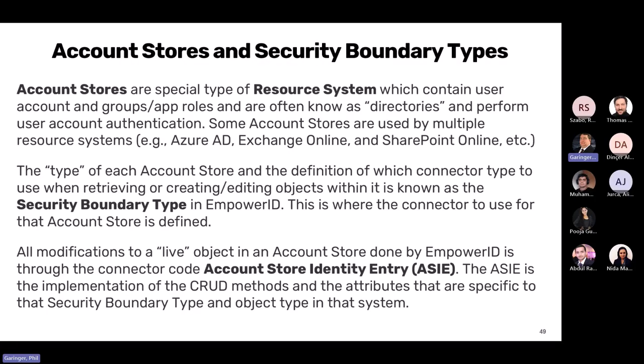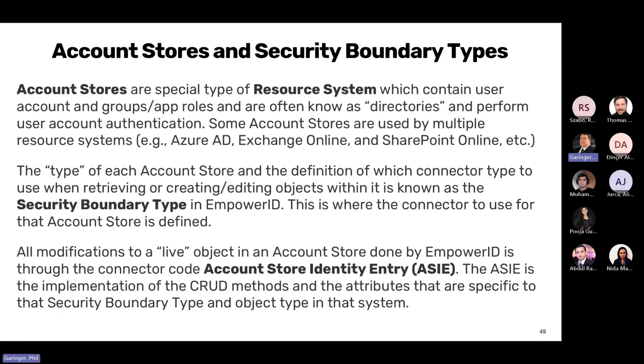And you'll deal with this in your connector workshop a lot. The way our model works is it's always transactional. We're always going to try to write to the external system through the live object and only record the change in EmpowerID SQL if it's successful.